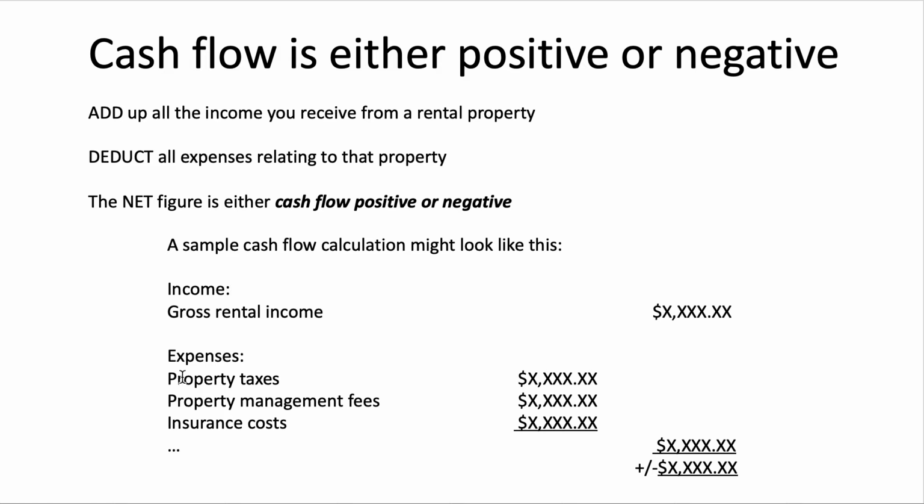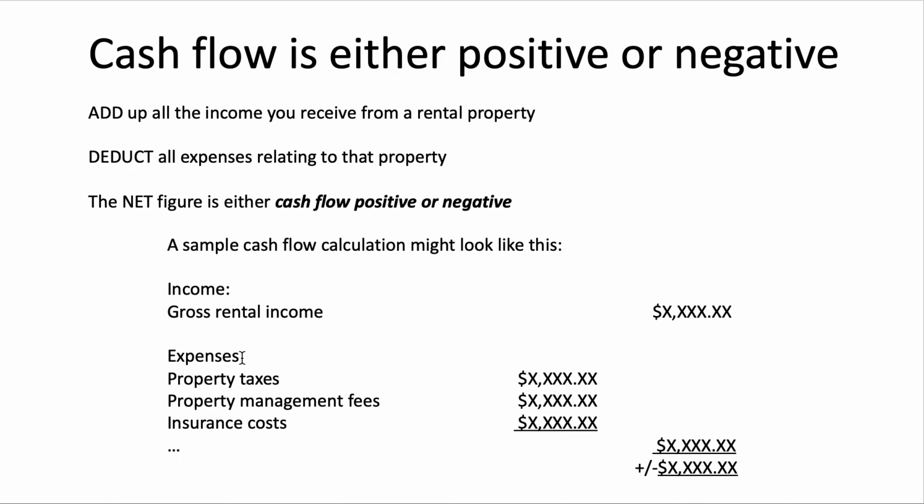Many people usually put something like mortgage interest at the top of their list, but they forget about everything else, like property taxes, or management fees if you're not managing it yourself, or maybe you have to pay some kind of management fee for the housing association or some kind of shared area, or maintenance, repair costs, insurance costs, any other expenses that you can think of.